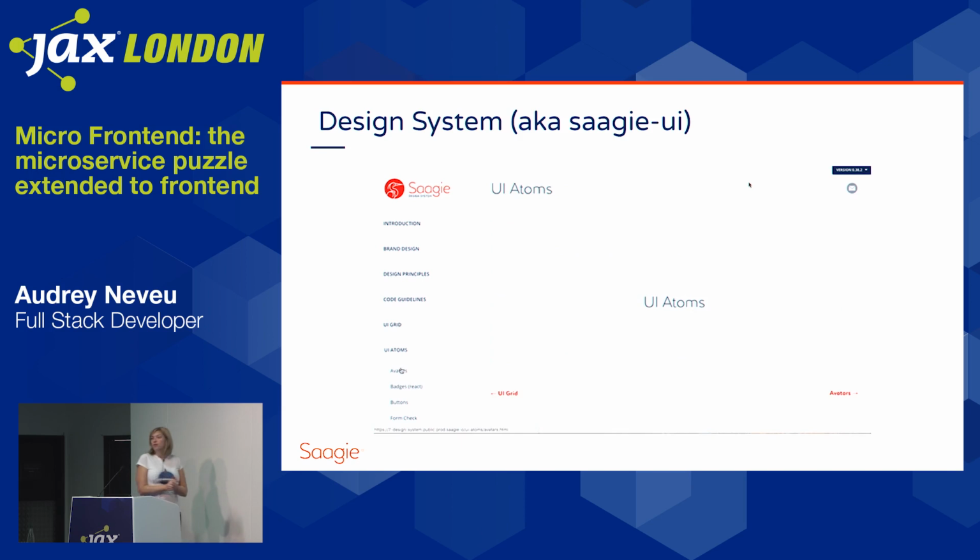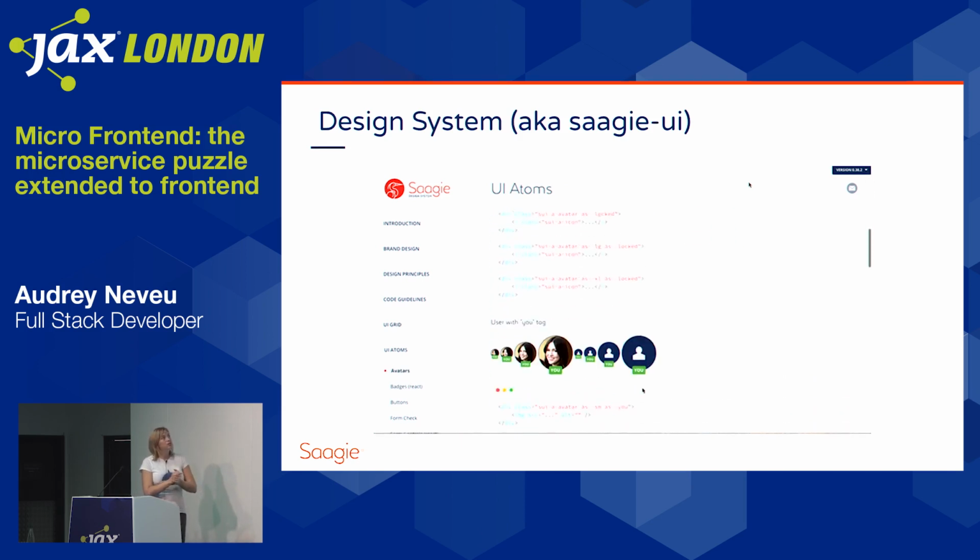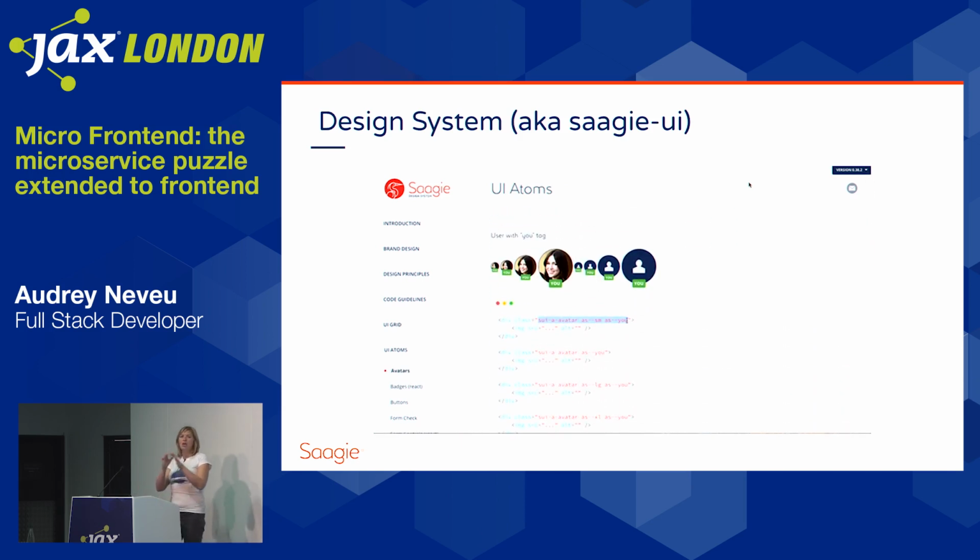So before going further into technical details, I would like to say a word about design systems. I don't know who amongst you knows about design systems. Have you ever heard of them? One person. Okay. So a design system is basically a library, a set of CSS styles and behaviors to ensure that you will have a consistent user experience.